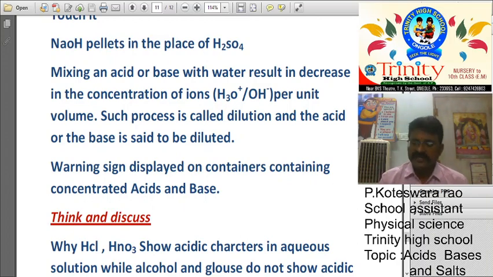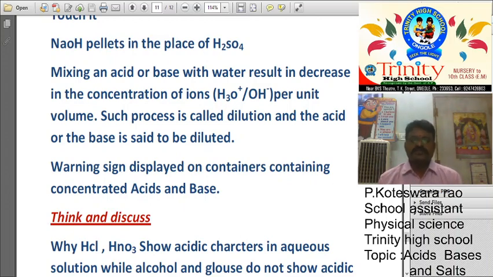So what is the care here? When you add acid or base to the water, it must be stirred or swirled. We add one drop, then stir the test tube, then add one more drop. So here stirring is very important. That is the care that must be taken.